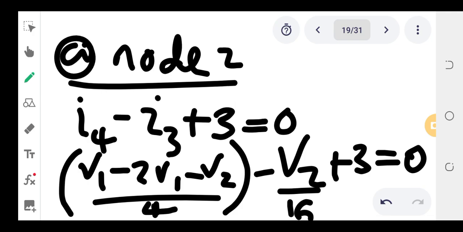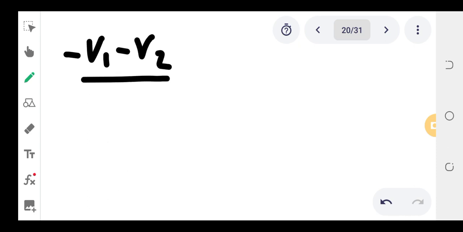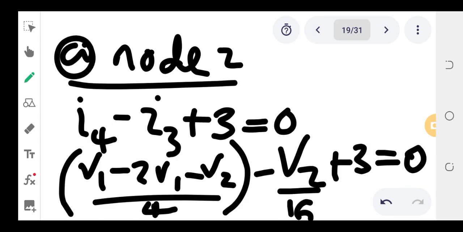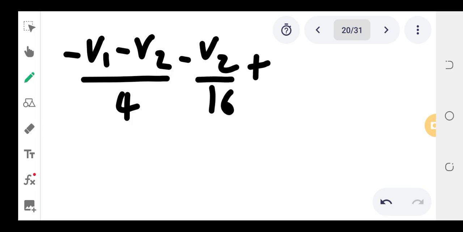So we now have 16 as our common denominator. Okay, let me just reduce a bit. So we have negative V1 minus V2 over 4 minus V2 over 16 plus 3 is equal to 0.